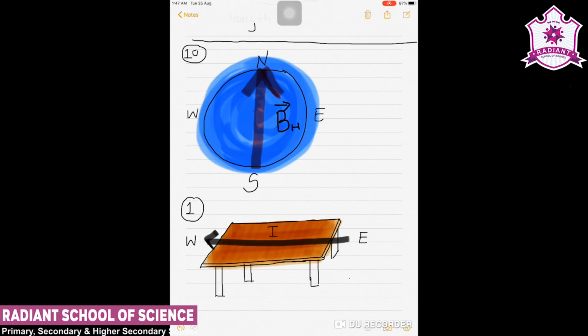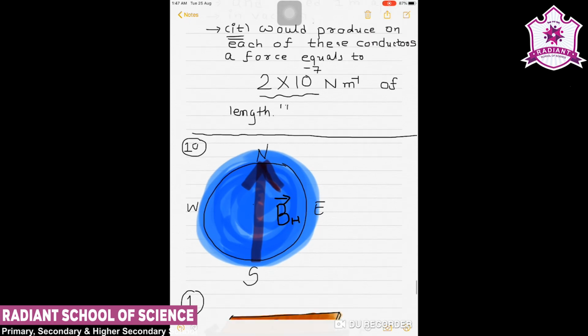Now it is given that the horizontal component of Earth's magnetic field at a certain place is 3 into 10 raised to minus 5 Tesla. So we are given the value of B_H, that is 3 into 10 raised to minus 5 Tesla.